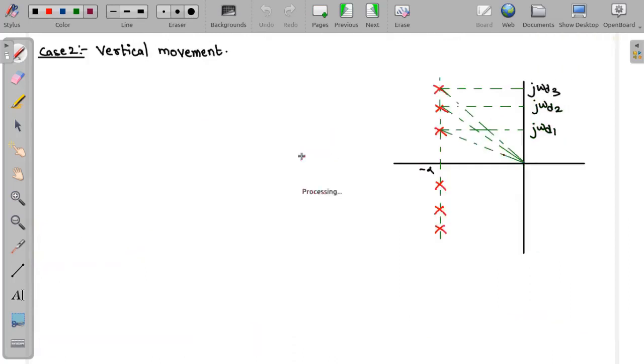Okay. So now the next case can be if it is like this. So talking about the concept over here, you can see alpha is the same, alpha 1 is equal to alpha 2 is equal to alpha 3. Theta is variable, so this is theta 1, this is theta 2 and this will be theta 3. I am not drawing it over here, so it will not mess up the diagram.